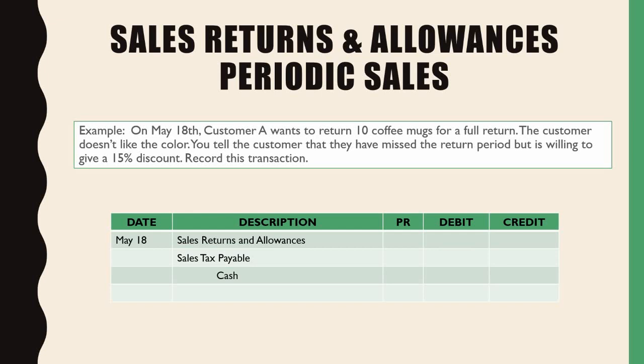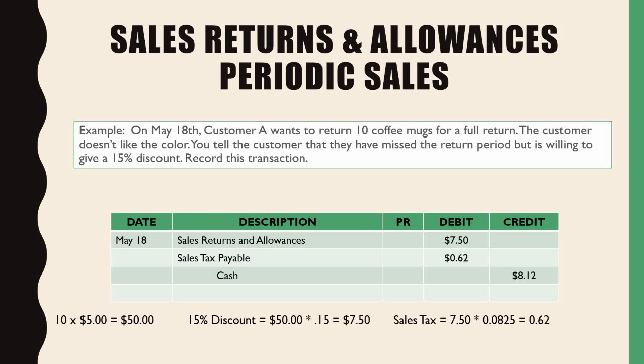Now, how much of the $7.50 are we refunding the tax for? $0.62. 62 cents, okay? Bringing us a grand total of $8.12 we're actually giving back to them.